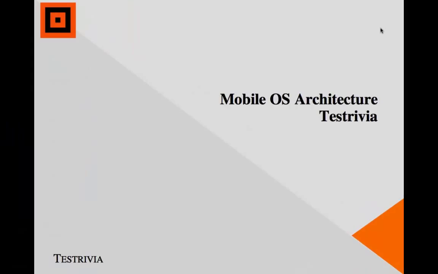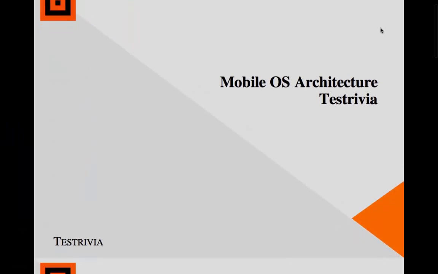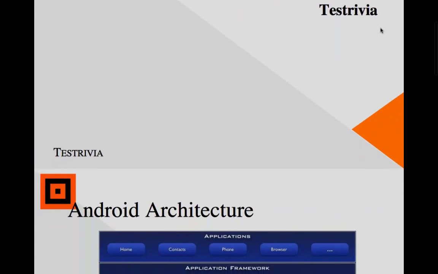Symbian has faded away, and MIDP Java phones may be there for another year, but maybe they will also fade away. So these top three platforms are right now gaining momentum, so it will be good if we take a look at the architecture of Android first.